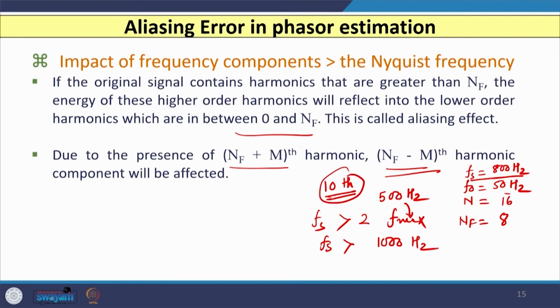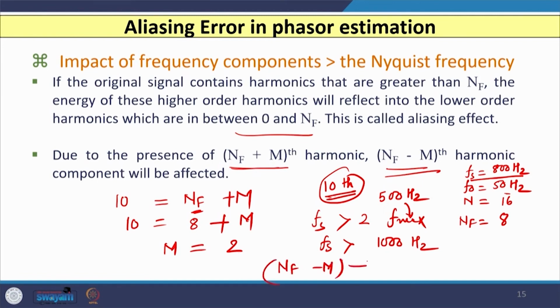So in that case, the 10th harmonic is equal to NF plus m. So 10 is equal to NF, that is 8, plus m, so the value of m is 2. Now NF minus m is 8 minus 2, which is 6. So the 6th harmonic is affected.